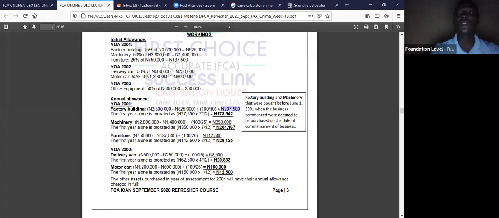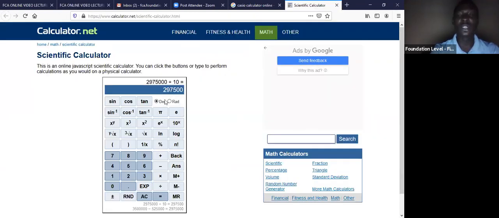It means we are prorating it according to the basis period. So this is what we got before as our annual allowance. We prorate it by saying times 7/12. So it will give me 173,542.